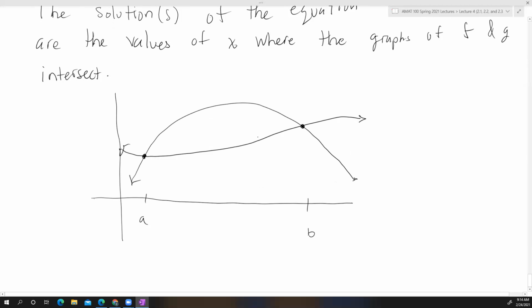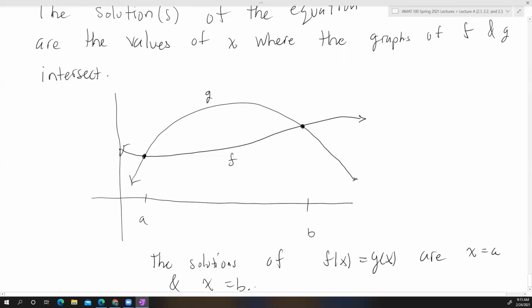So this top one is the graph of g, this bottom one is the graph of f. And what this picture says is that the solutions of f of x equals g of x are x equals a and x equals b. So that's the geometric interpretation of equations.